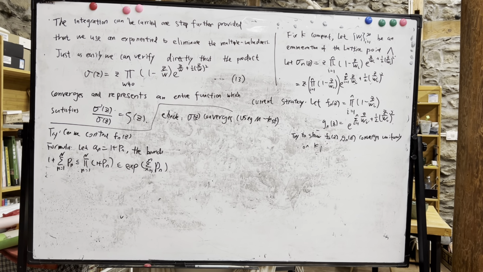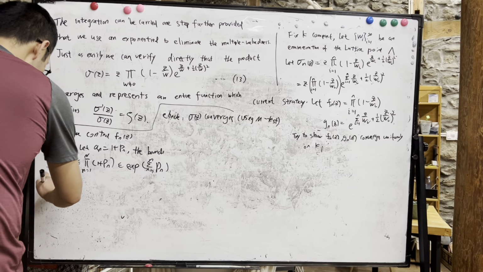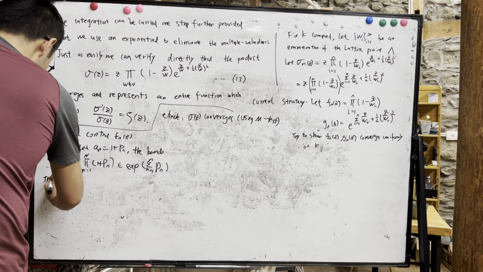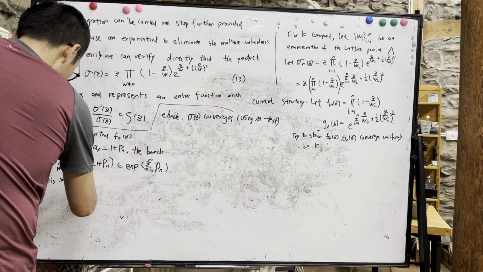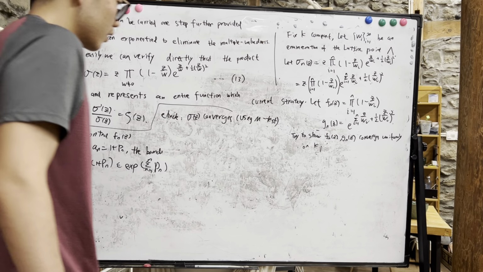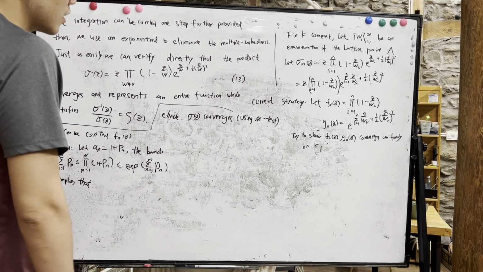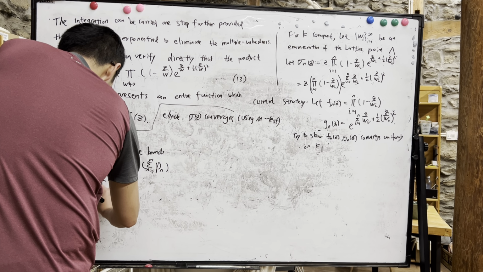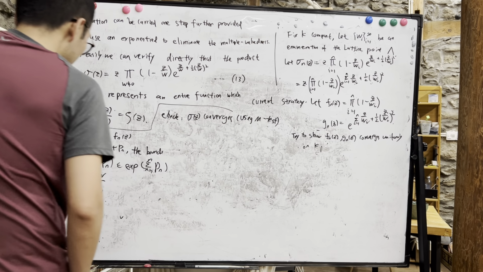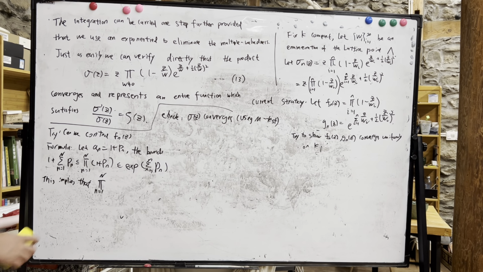So if we use this relation, then what happens is that this relation implies that the product n from 1 to capital N, so basically it's the Fn(z), right?